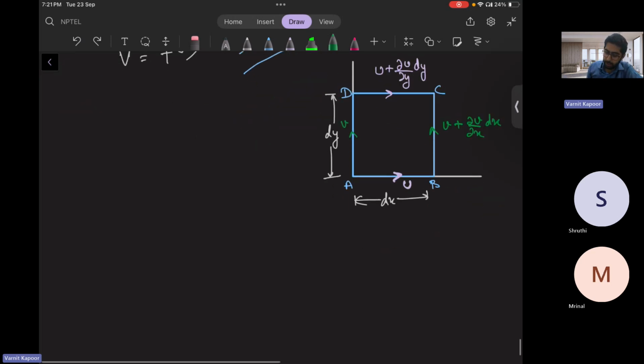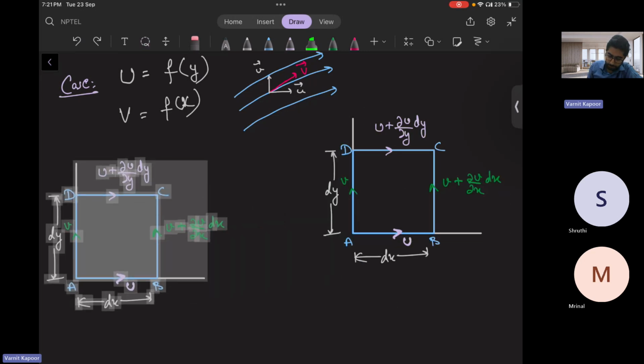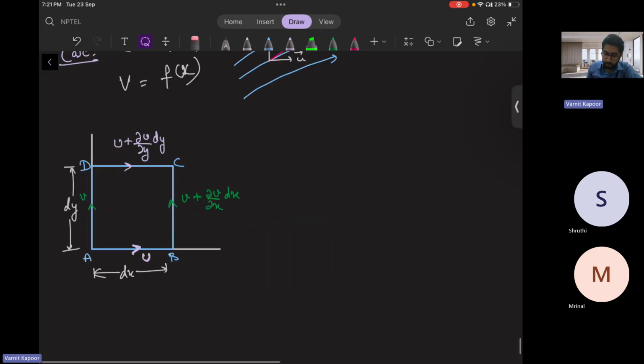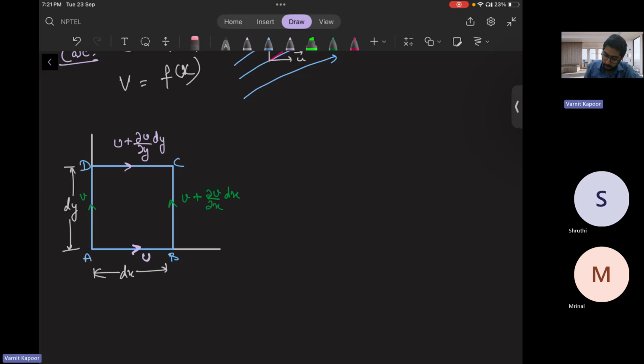Okay, so what we can say, for both x and y direction, I'll frame first the individual directions.